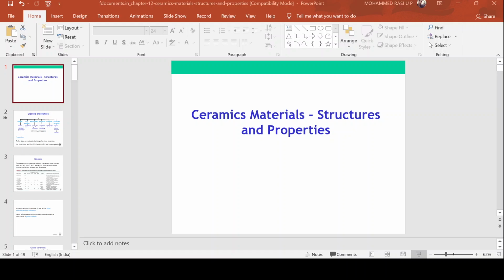The other one is kaolinite clay, which alternates. It is again a form of silicate where Si2O5 forms the layer, with alumina hydroxide also present. These sheets are loosely bonded by van der Waals force. So these are different layers of silicates, and in between you can see the alumina planes and hydrates also present.